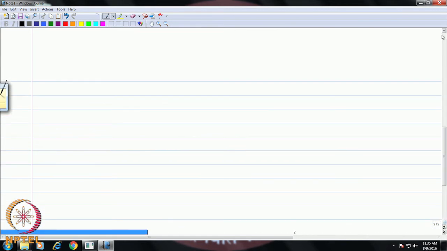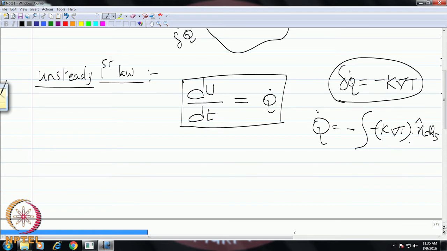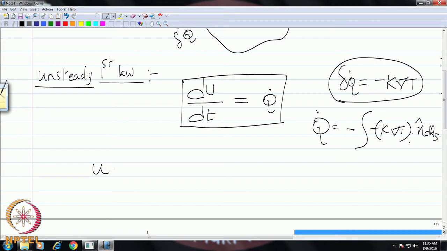Okay. And then therefore, how do you write this in terms of specific internal energy? So, let us call this u as your specific internal energy. So, this is internal energy per unit mass.